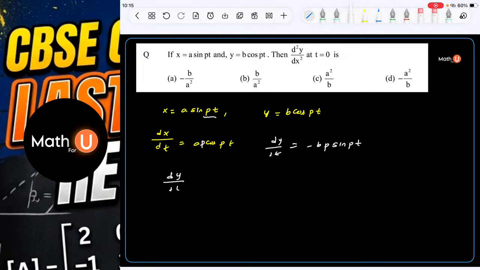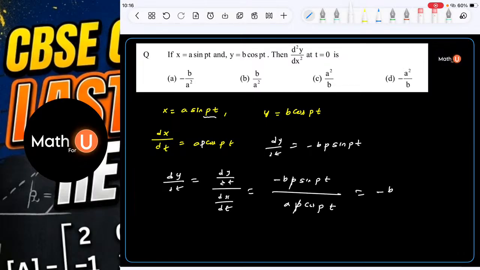Then dy by dx can be written as dy by dt by dx by dt, that is nothing but minus bp sin pt by ap cos pt. p gets cancelled, we get minus b by a, and sin over cos can be written as tan pt.